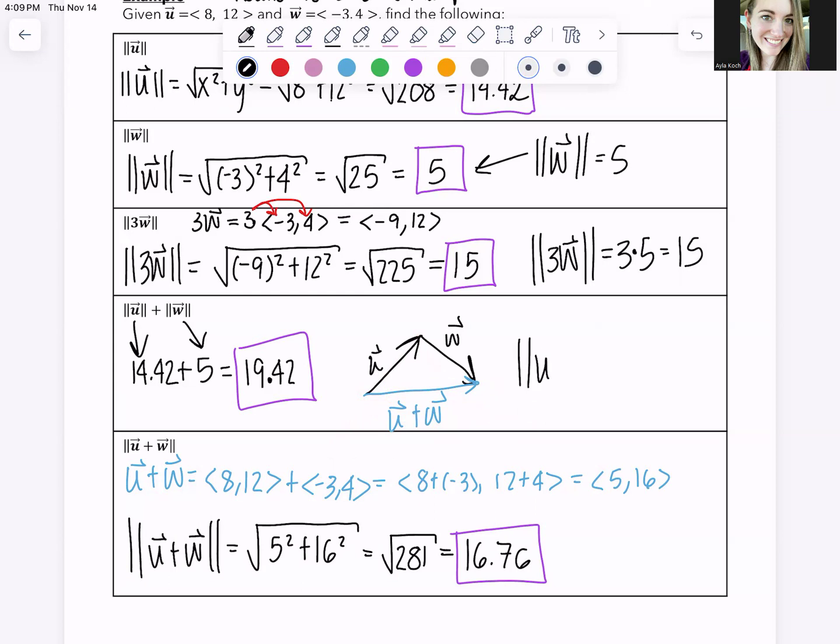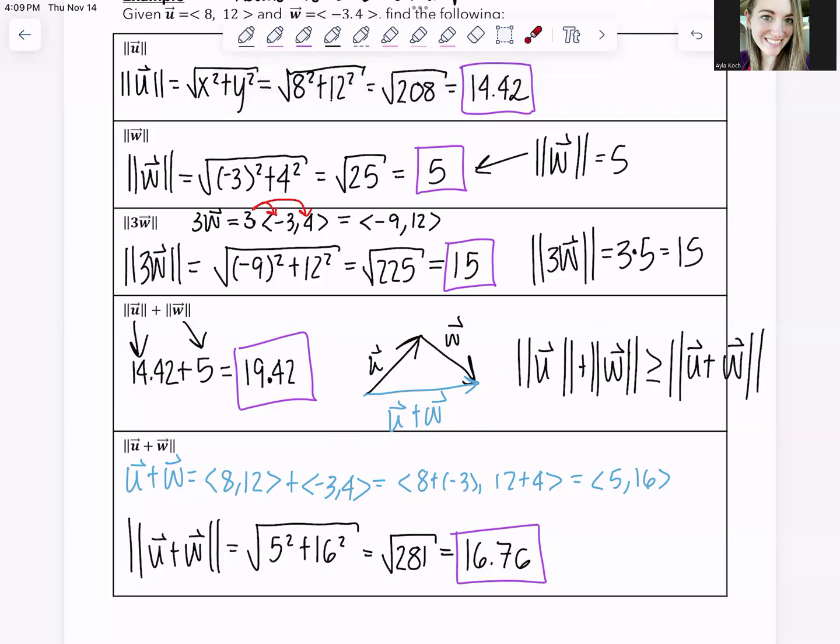The magnitude of u plus the magnitude of w is going to be greater than or equal to the magnitude of u plus w. It's called the triangle inequality. Fun, exciting stuff there. But anyway, it's important that they're not the same number. Adding the vectors together, then taking the magnitude is a different number than when you add the individual magnitudes together.